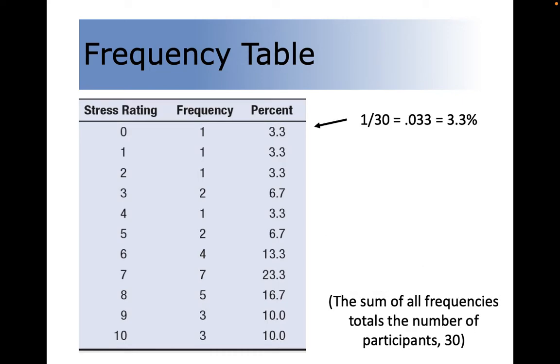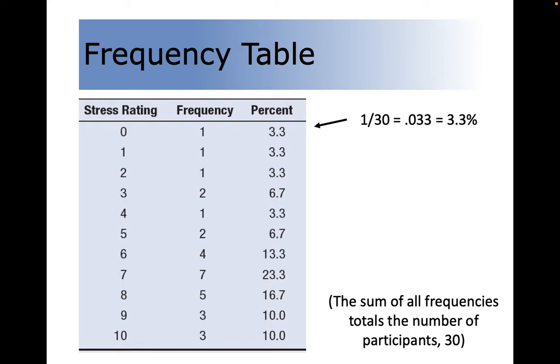Tables like this sometimes only give the raw number frequencies, or sometimes they'll give the percentages as well. In this example, we can see that in order to calculate the percent of students that have a particular frequency, we take the frequency at that value and we divide by the total number of participants.